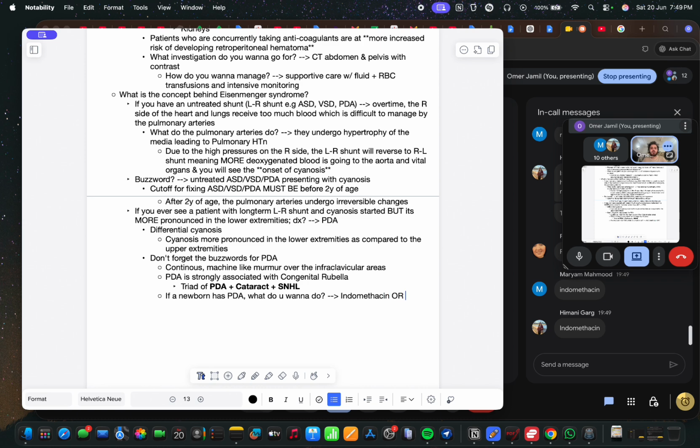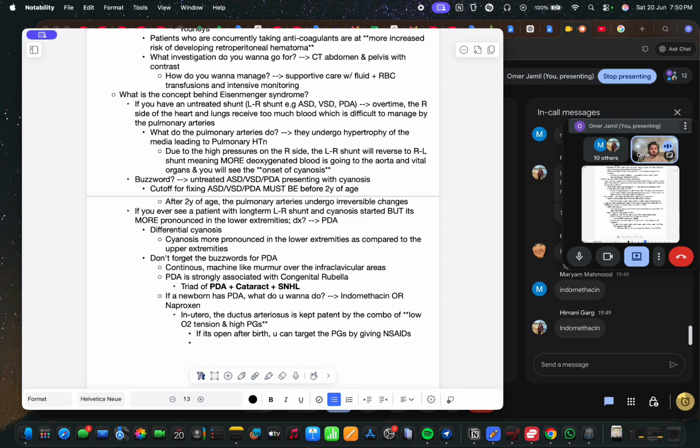Indomethacin or naproxen. You need to remember that in utero the ductus arteriosus is kept patent by the combination of low O2 tension and high prostaglandins. If it's open after birth, you can target the prostaglandins by giving NSAIDs.